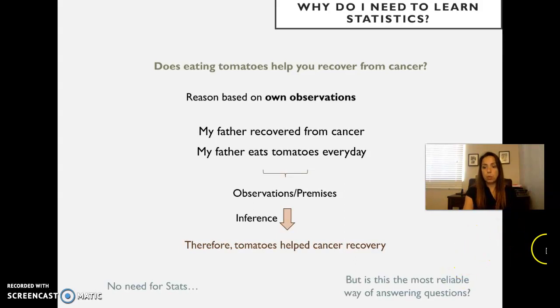But the question I want to ask you is, if you answer a question based on your own observations, is this the most reliable way of getting to an answer? Think about it for a second. If you think the answer is no, then try to think about why. Why is that the case?